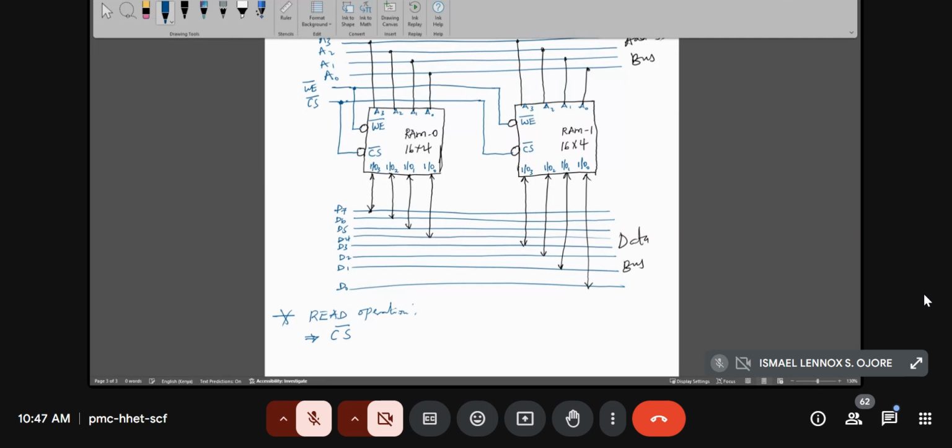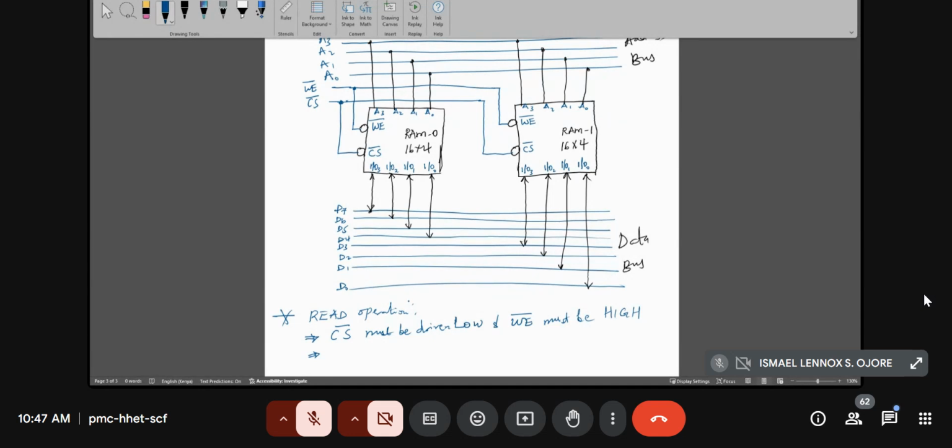The chip select line must be driven low, and the write enable, because we are not doing a write operation, we need to disable that line, and therefore it must be high. So at least that is the first thing that needs to happen.